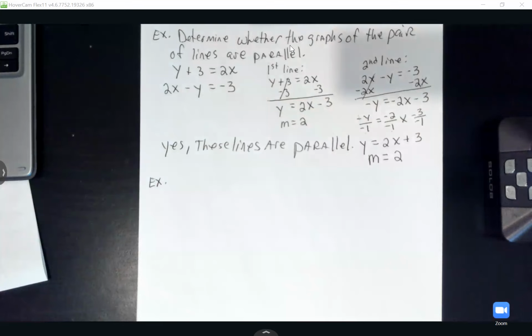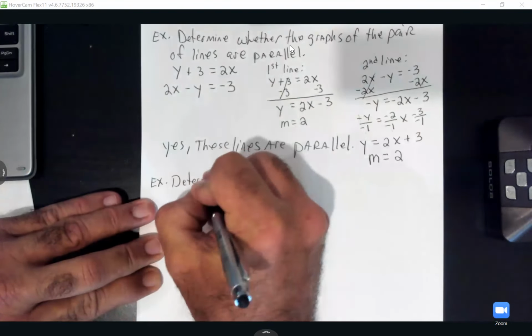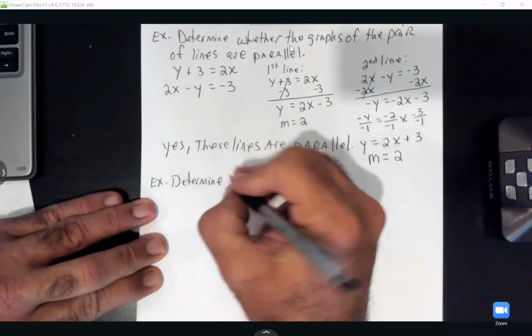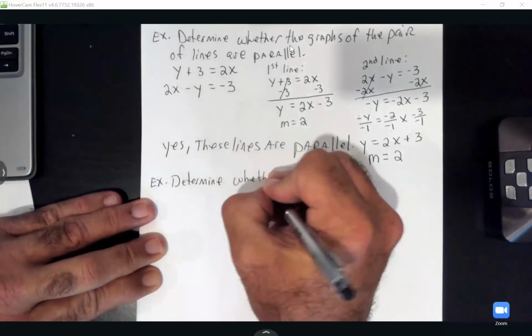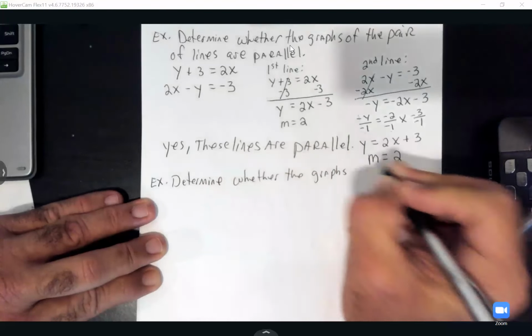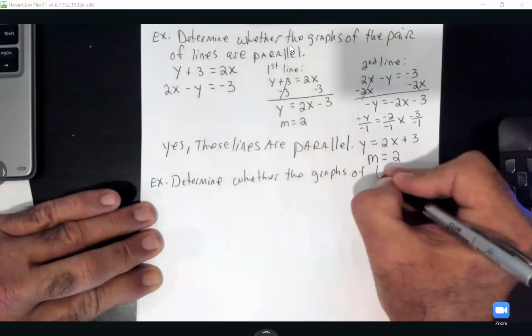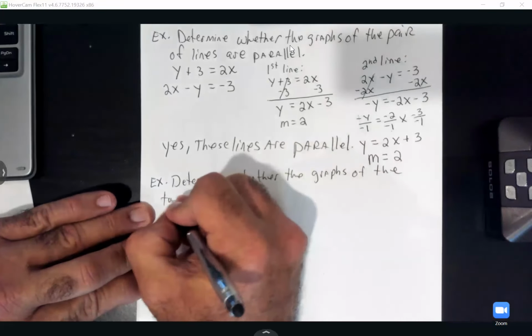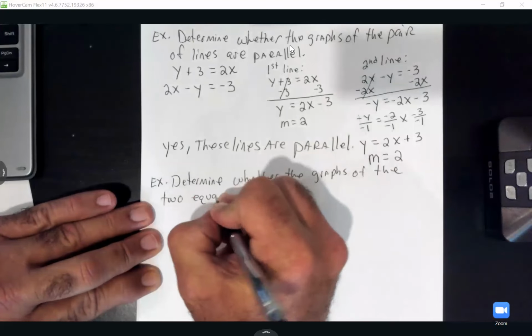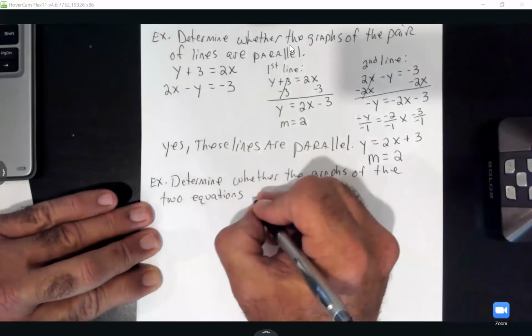All right, so let me play with some of that. Let's see if one's perpendicular or not. So for this one, we're going to determine whether the graphs of the two equations are perpendicular.